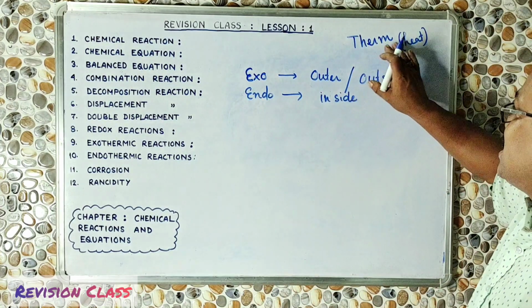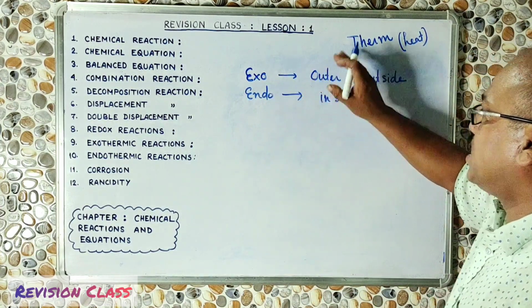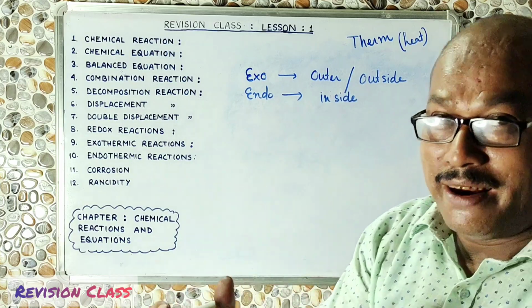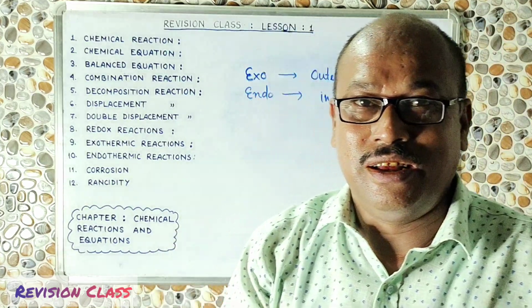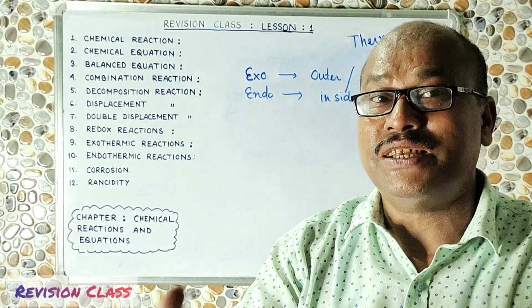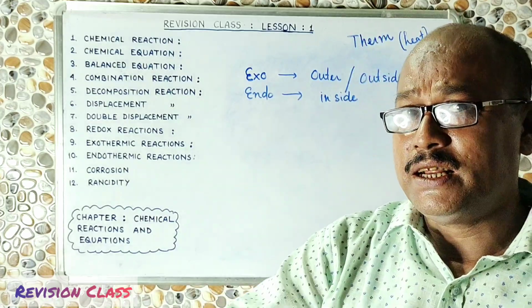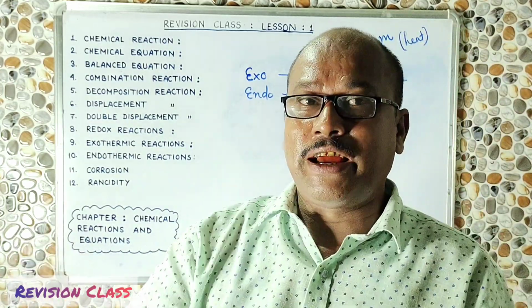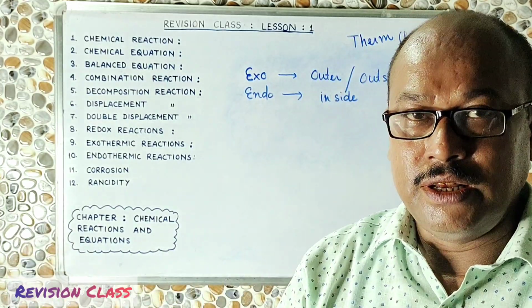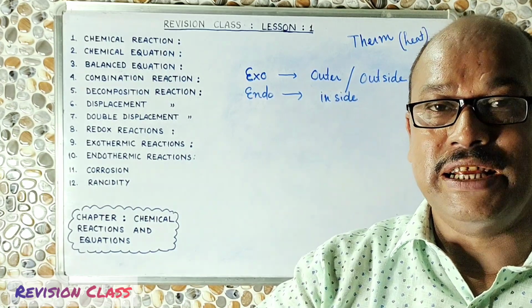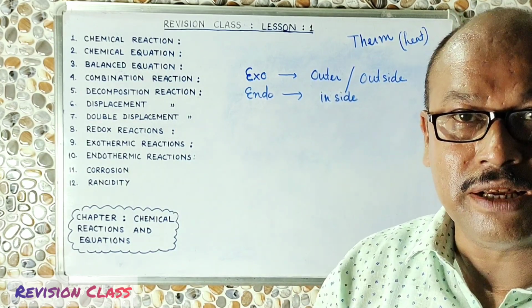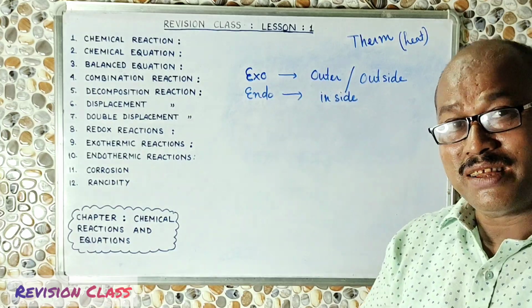So therm means heat, and exo and endo mean outer and inside. Chemical reactions in which heat is generated during the reaction, and that heat comes out so you can feel it, are called exothermic.